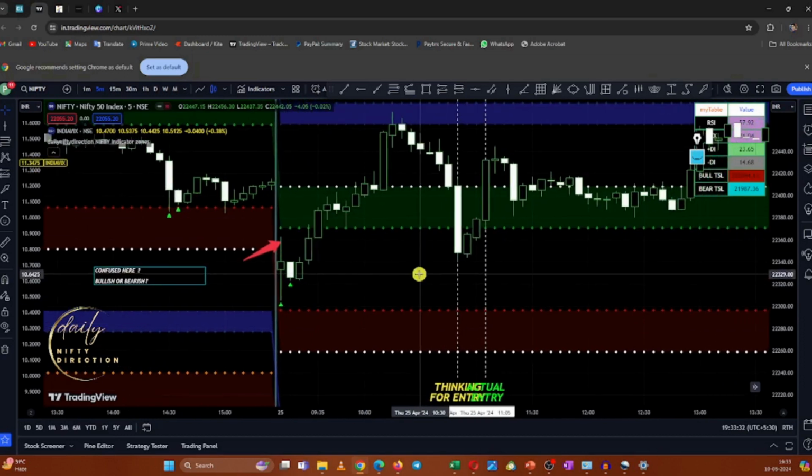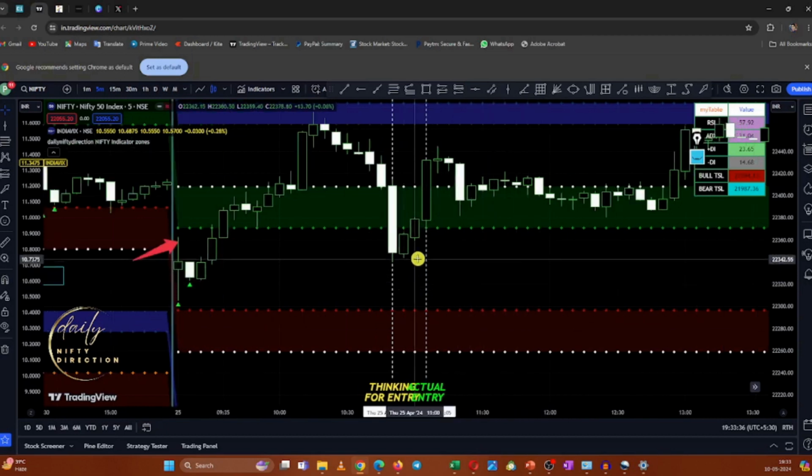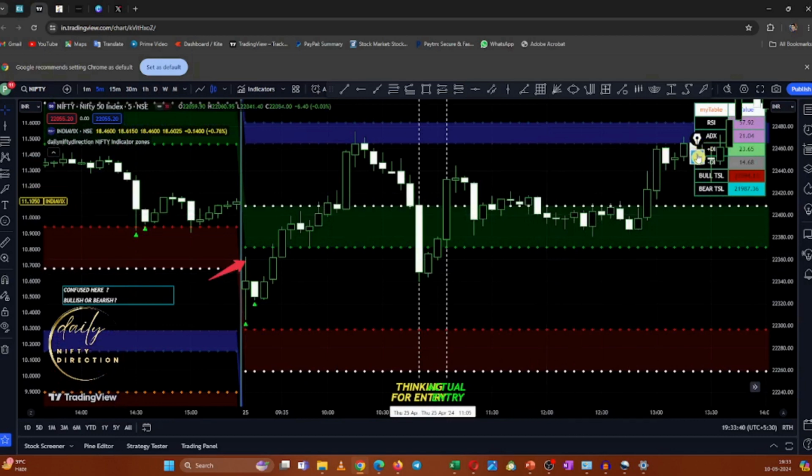Now again you are thinking of taking entry, right? Since it has broken with such a big volume candle, now you are confused, so this particular scenario is invalid now, right?